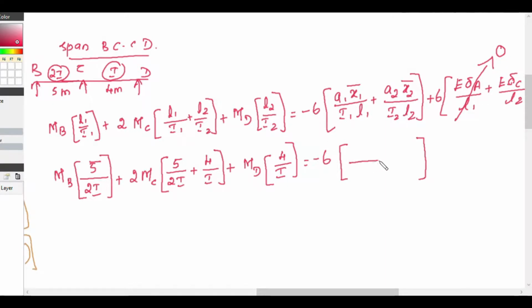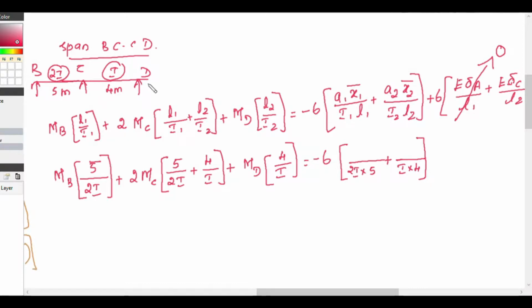So A1 x1 bar by I1 L1, I1 is 2I and L1 is 5, plus A2 x2 bar by I2 L2, I2 is I, L2 is 4.